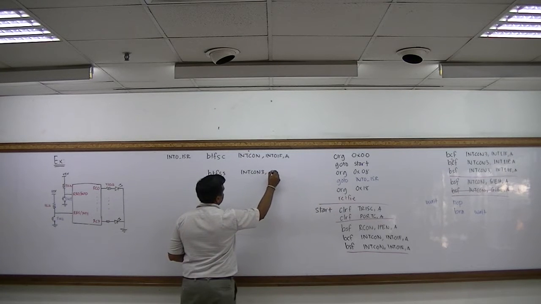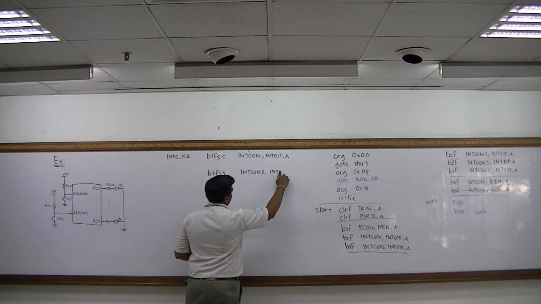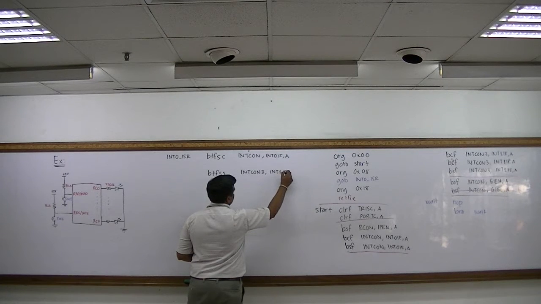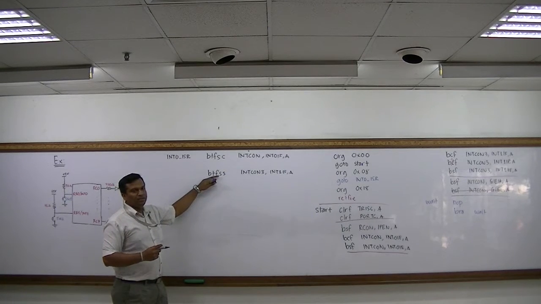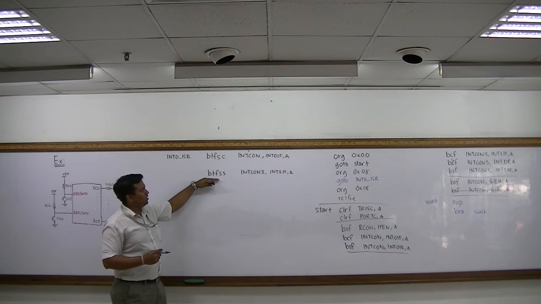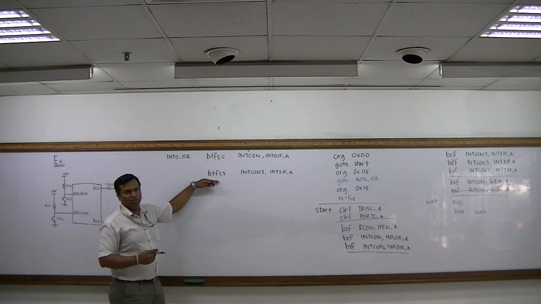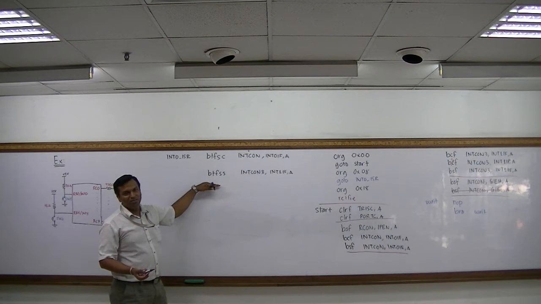So if it's set, you do something. If it's not set, you won't skip. What is it supposed to do if both are not pressed? Right, go out. Both not pressed, so go out.